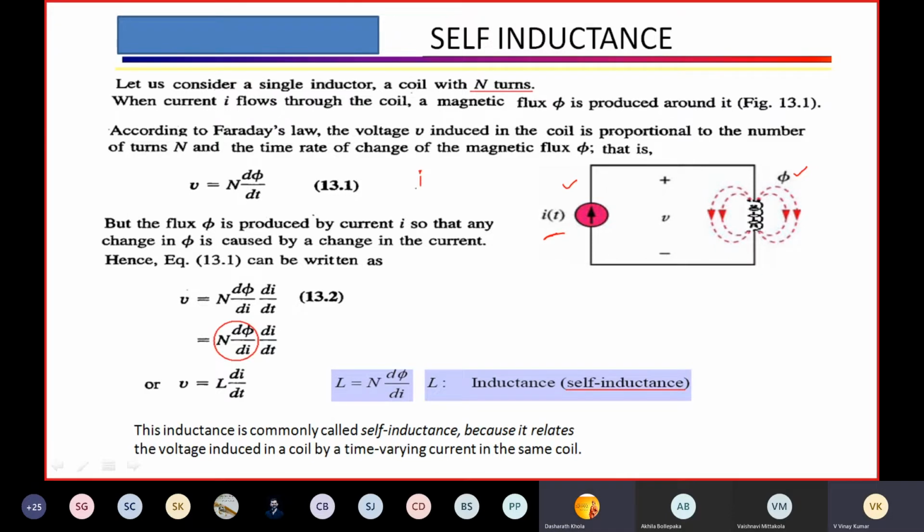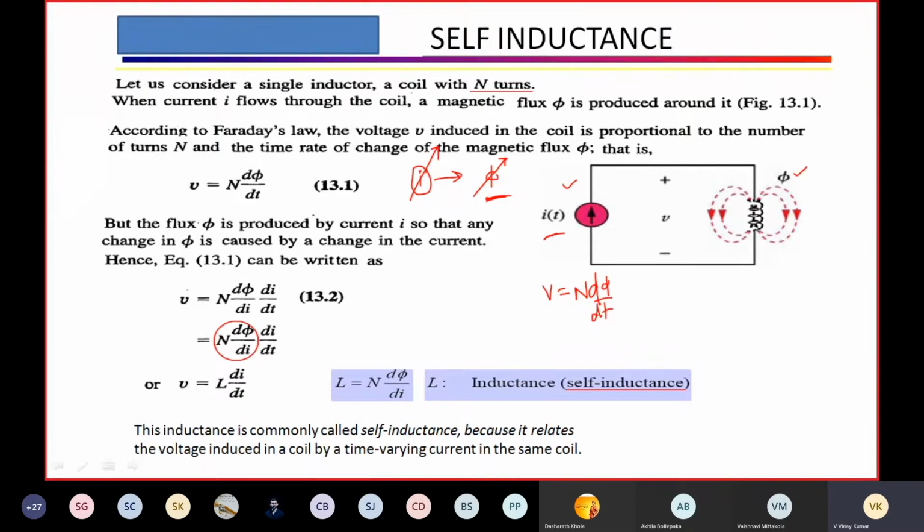Here we are giving alternating current as the input to the circuit. If it is alternating in nature, flux will be alternating in nature. If current is changing with respect to time, flux will be changing with respect to time. So flux linking the coil is changing, which means EMF will be induced across the coil. That EMF is given as v equal to N dφ/dt.